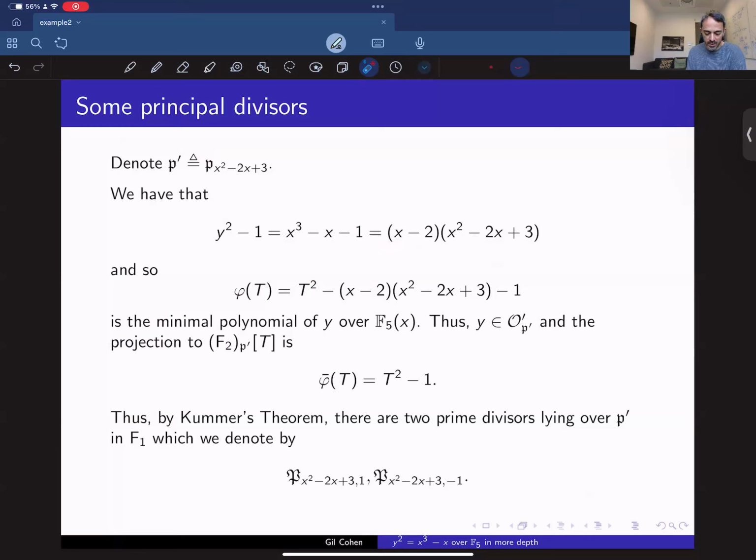And so the minimal polynomial of y over F5 of x, which you usually write just as y squared minus x cubed plus x or something, I want to write it in a way that shows you this expression. So you can write this minimal polynomial by replacing x cubed minus x with this expression, as t squared minus this expression, which encodes this polynomial, minus 1. Right? That's just a weird way of writing x cubed minus x.